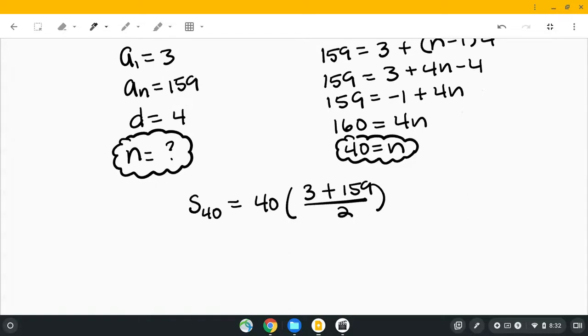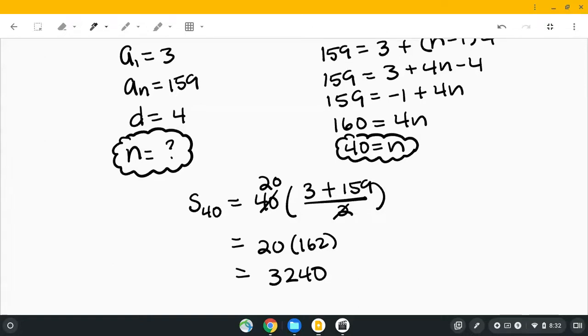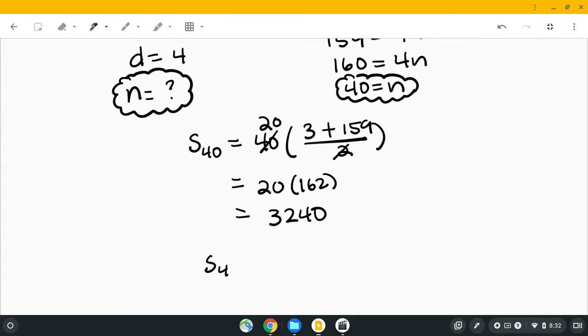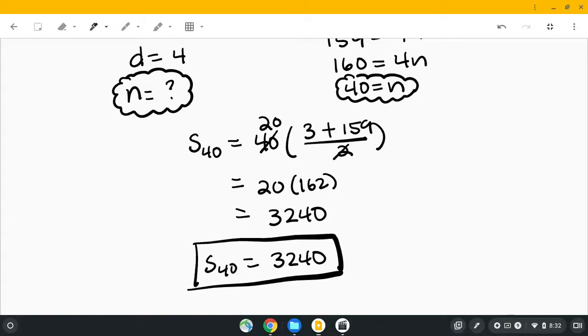I can cancel this out. So it's 20 times 162, and that gives me 3,240. So if I add the first 40 terms together, it's going to equal 3,240.